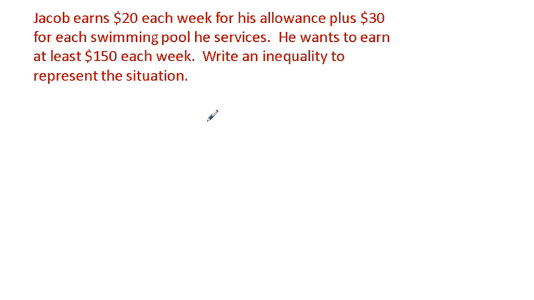Well, first of all, we want to earn at least $150 each week. So whatever this is, it's going to have to be greater than or equal to 150. Okay, so we already know $150. So what is 20 each week for his allowance?